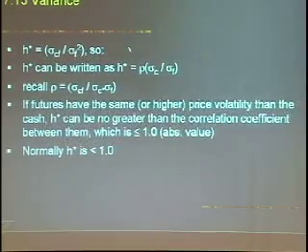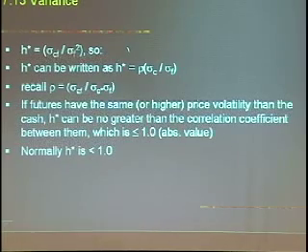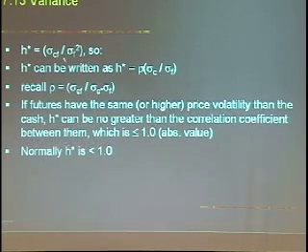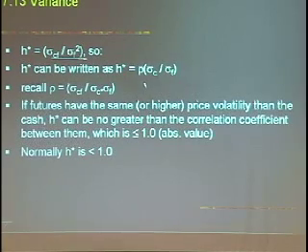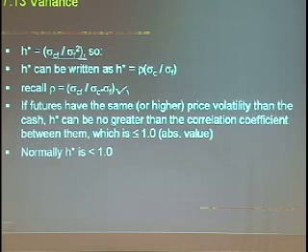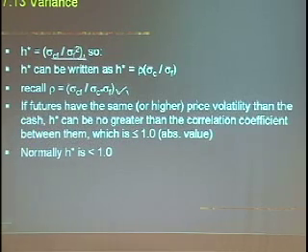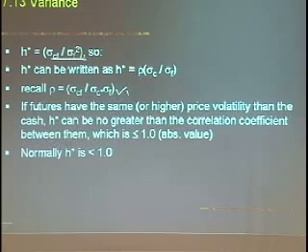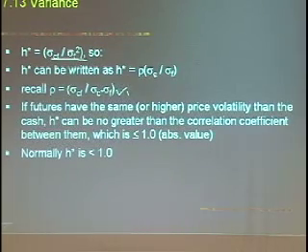Conceptually, I think it's easier to think of the optimal hedge as something other than the slope coefficient. So this was our optimal hedge, the covariance divided by the variance of futures. And if you remember from statistics, the correlation coefficient between cash and futures will range between +1 and -1, right? The correlation coefficient measures the extent to which futures and cash move together.